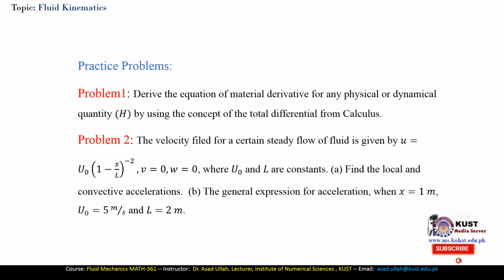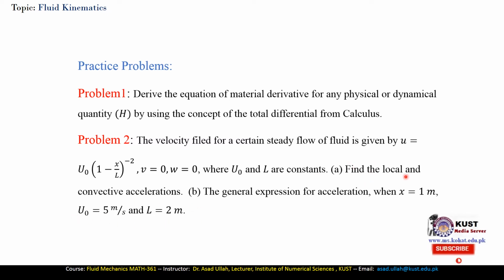Problem number 2 is a simple problem. Here we are given three components of the velocity in which v and w are equal to 0. In part A, find the local and convective accelerations. In part B, find the general expression for acceleration when x, u0 and L are given.